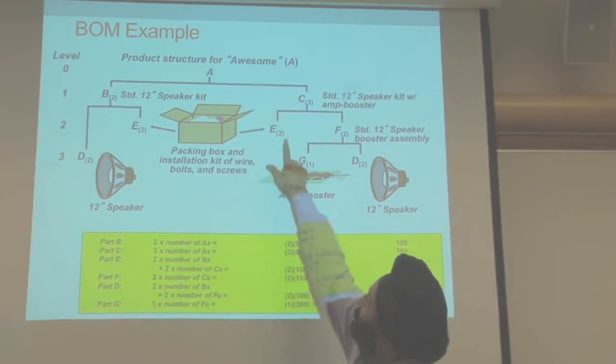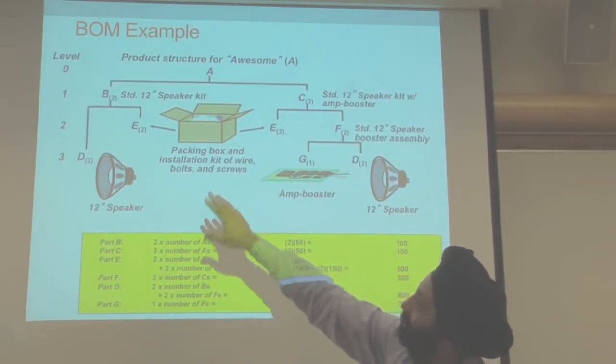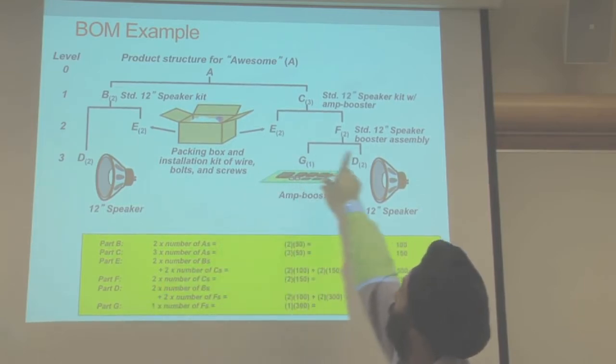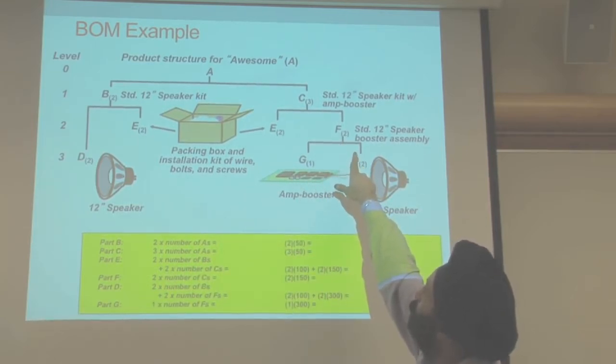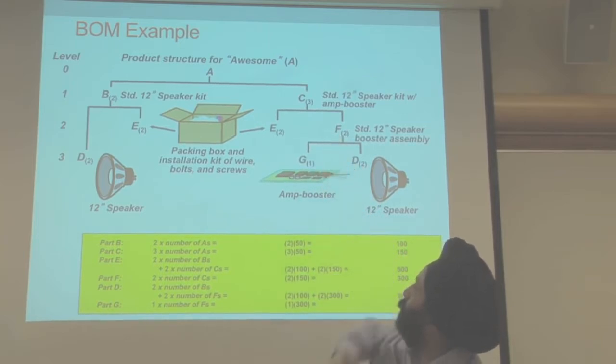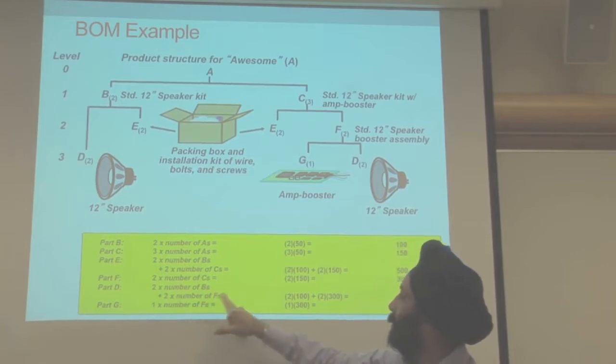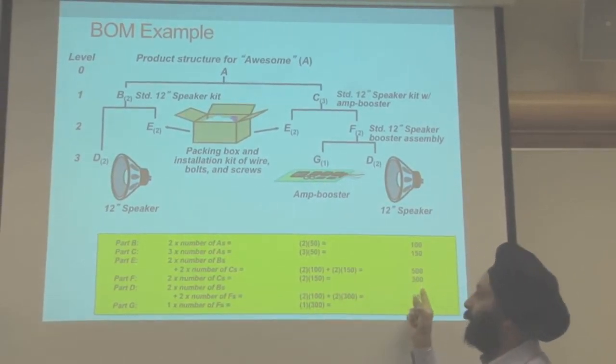Then F is the second item indicated in level 2. F occurs in only one place, which is right here, and that is for each C you need 2 F's. So part F is 2 times the number of C, which is 2 times 150, that's 300.